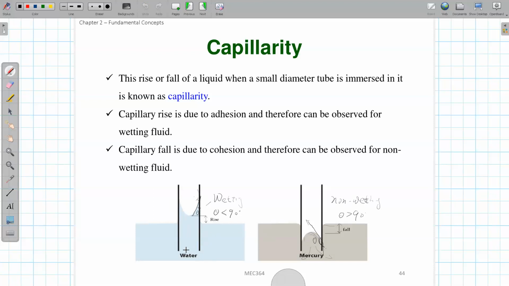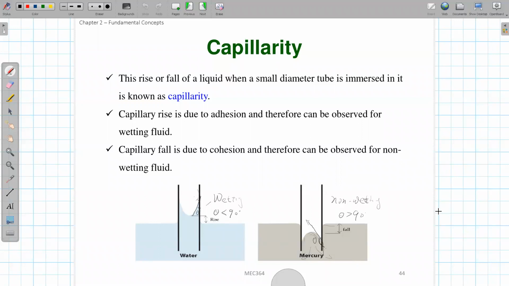One example: water is a kind of wetting fluid, because we know that water can wet you, the body. And mercury, on the other side, is an example of a non-wetting fluid. We know that if you pour mercury on a surface, it will more likely form small droplets, things like that. That's because mercury is a non-wetting fluid.